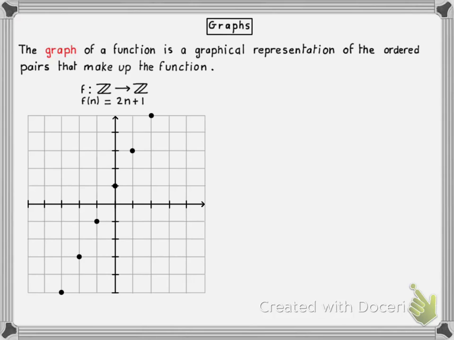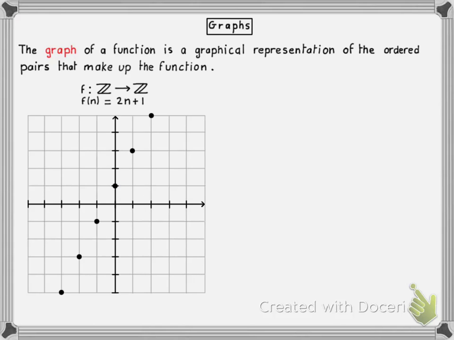So what you notice is the points are aligned in a straight line. That's not surprising, since you probably remember that this is the equation of a line where the slope is 2 and the y-intercept is 1, meaning the line intersects the y-axis at the value 1 for y, which is right here.